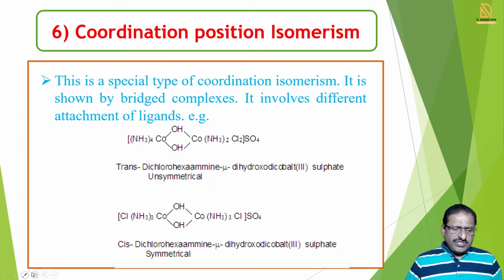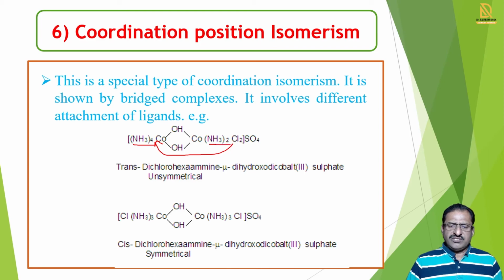Now, how can we change this? Here there is Cl2. Out of that Cl2, one Cl is passed to the other side. Now you see here NH3 four and here NH3 twice, so one of the NH3 from this is transferred here. Then what happened?